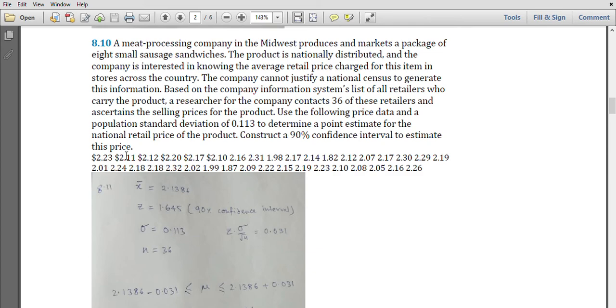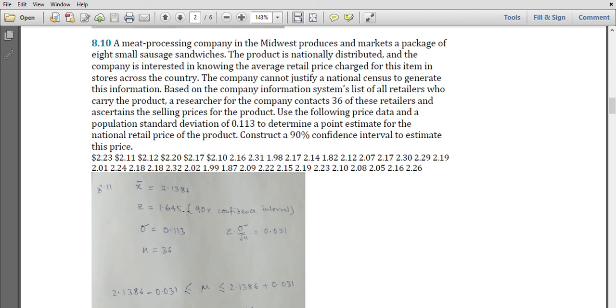All these are the values for the sample data. If I take just the average of these 36 values, I will get 2.1386. I think there are a few more decimal points that I haven't taken. So this will be my x bar, which is our sample mean.